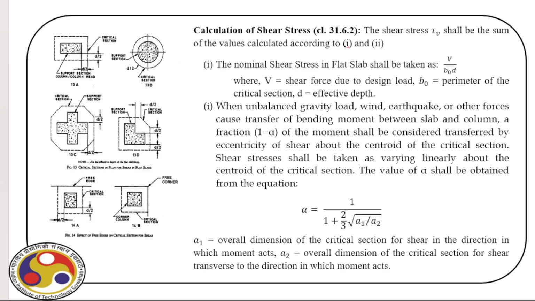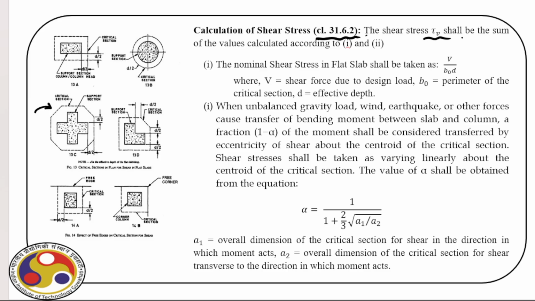Now, how to calculate the shear stress? That is given in clause 31.6.2. Here are different shapes of the columns, as you can see, and the critical sections, which are also marked by these dotted lines.